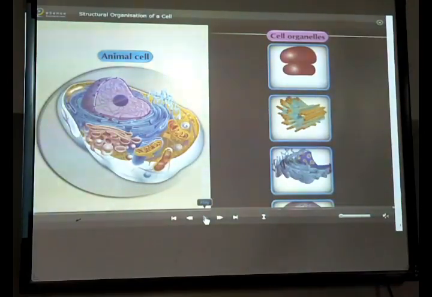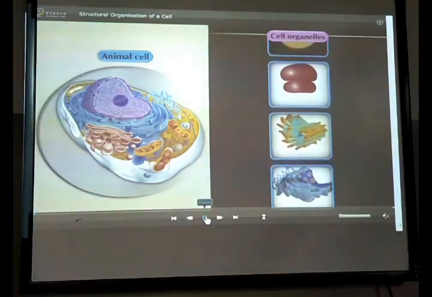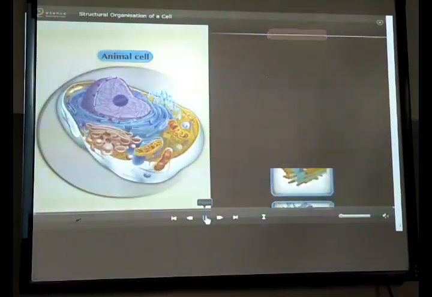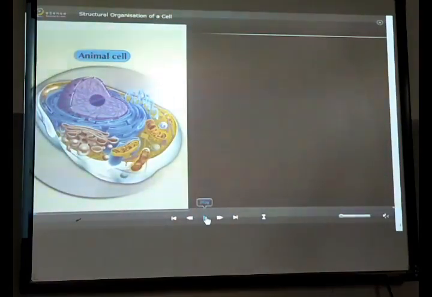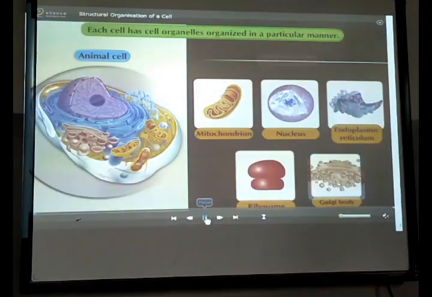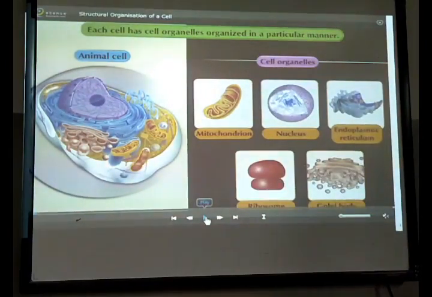We can see the animal cell, and beside it you can see different cell organelles. As we have discussed previously, multicellular organisms have different kinds of cells and they have different types of working. Here many cells you can see on the screen, and each cell has its cell organelles organized in a particular manner.